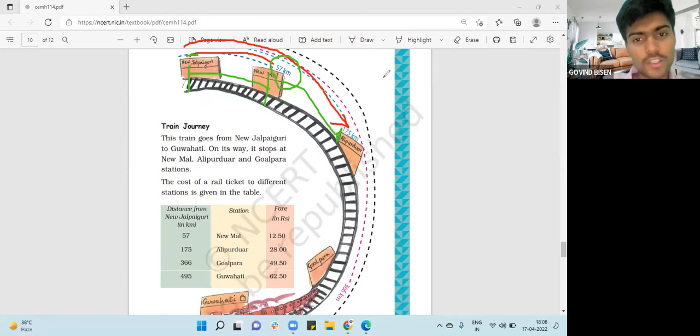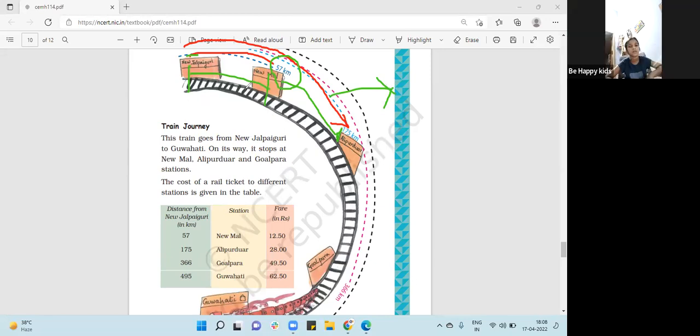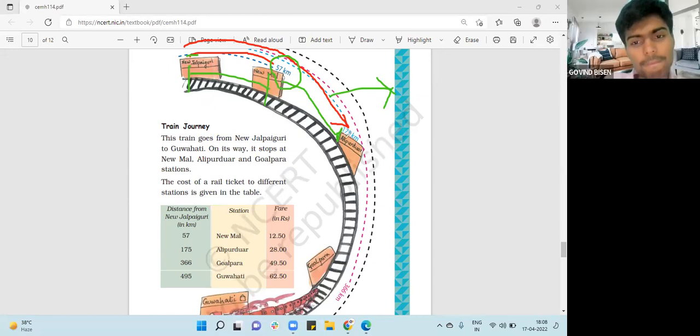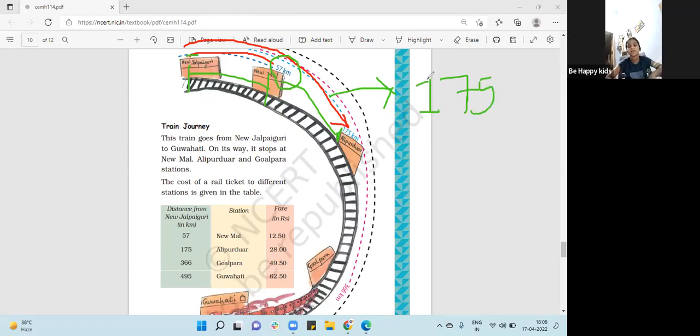What shall we do here? Apply the same formula, the same concept that we used in the last problem about the lines. So we will subtract from the total distance 175, isn't it?